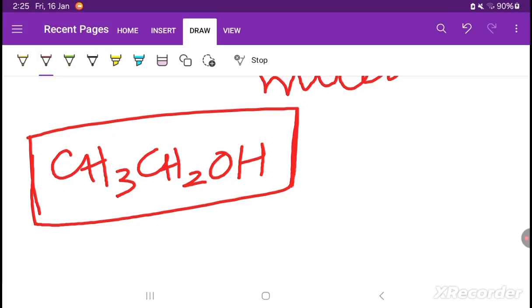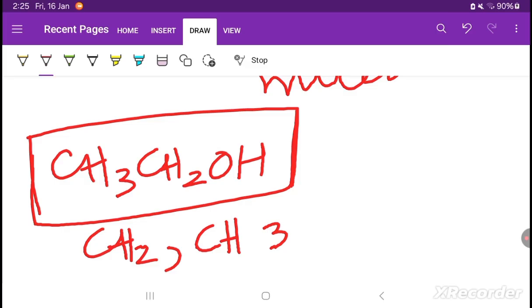First of all, what functional groups are present here? There is a CH2, there is CH3, and one OH.